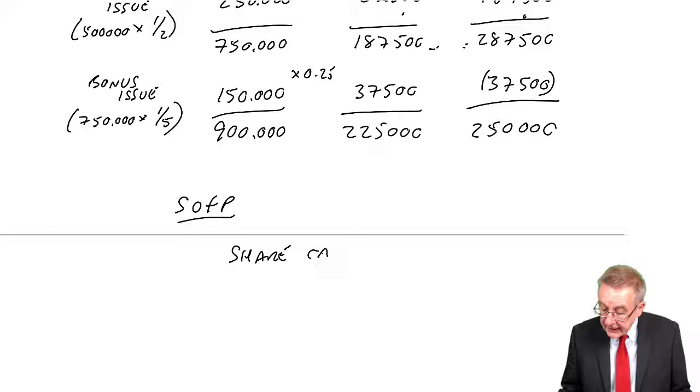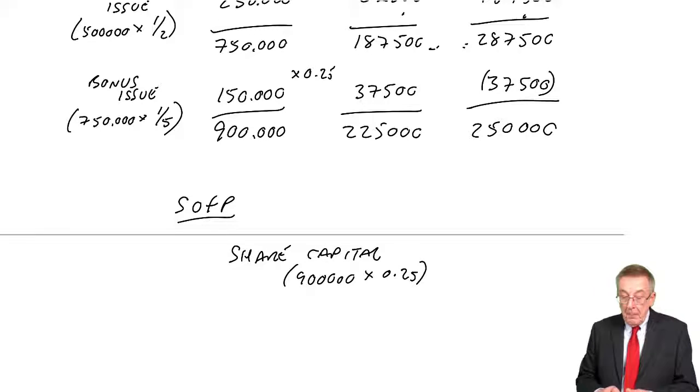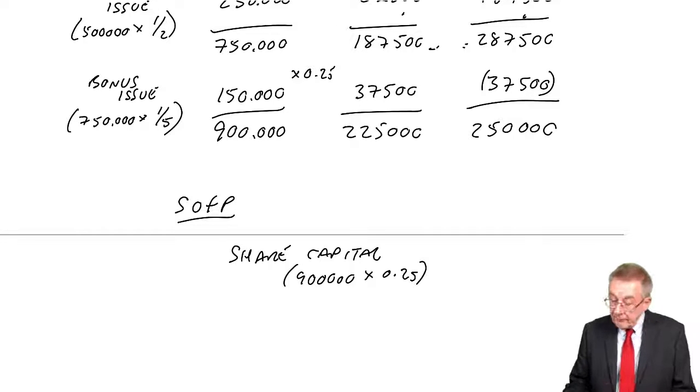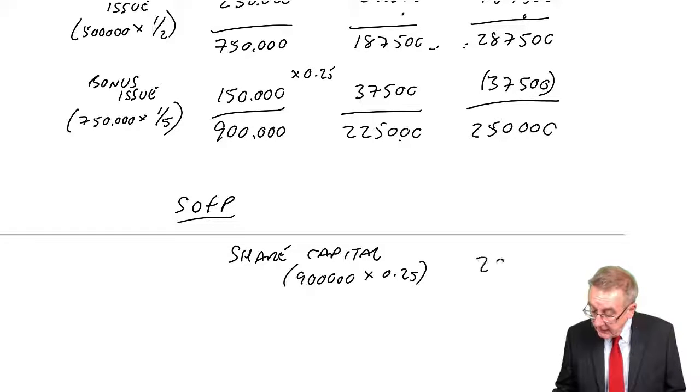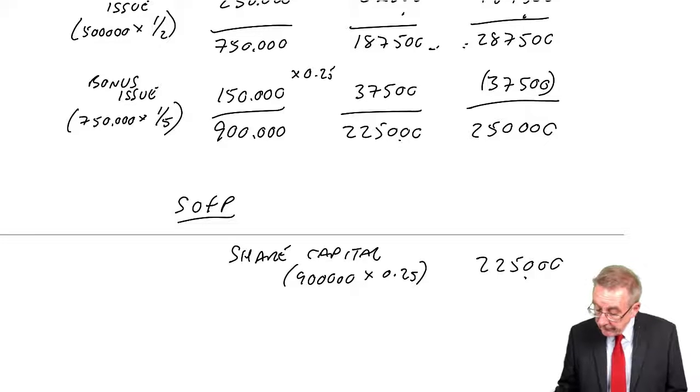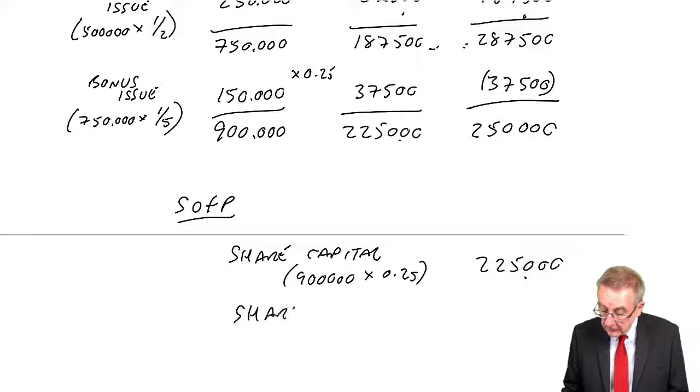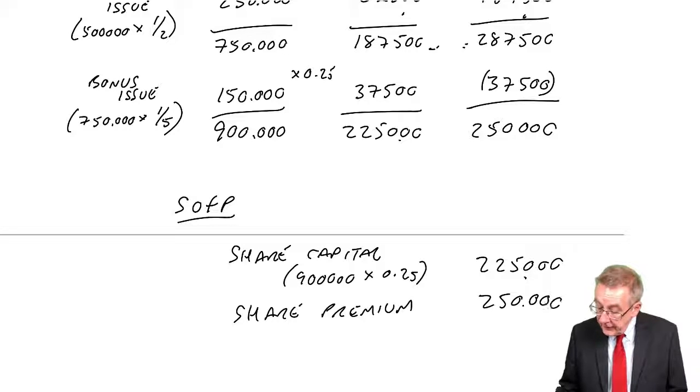After all of this, share capital, 900,000 shares, nominal value 25 cents, 900 at 25 is 225,000. Share premium, 250,000.